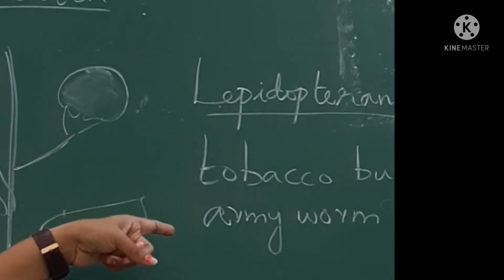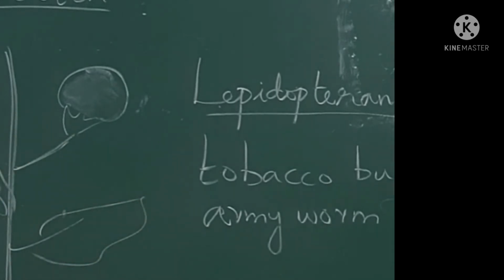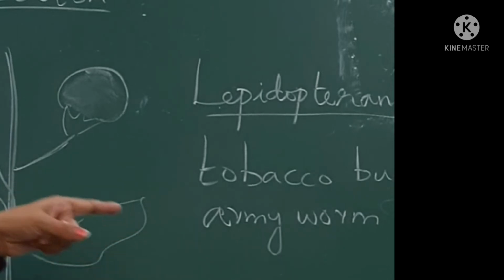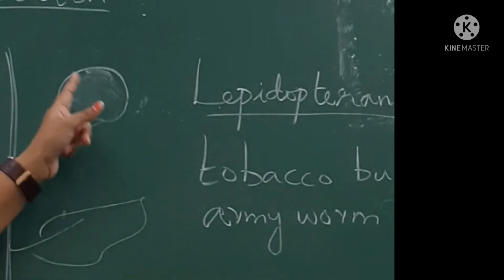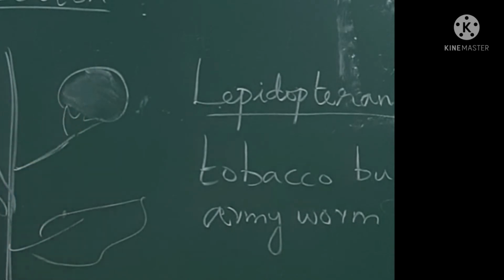Lepidoptera, these worms. Even butterflies come in this order. So tobacco budworm, armyworm, those worms have the habit of eating the leaves. They also cause rotting of the cotton. So this causes lots of losses for the farmer who is cultivating it.